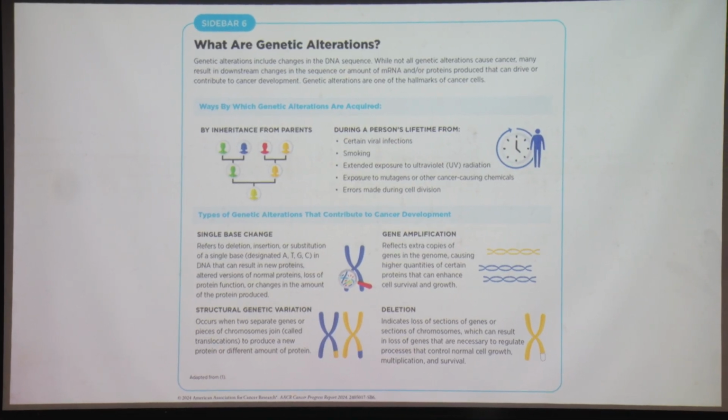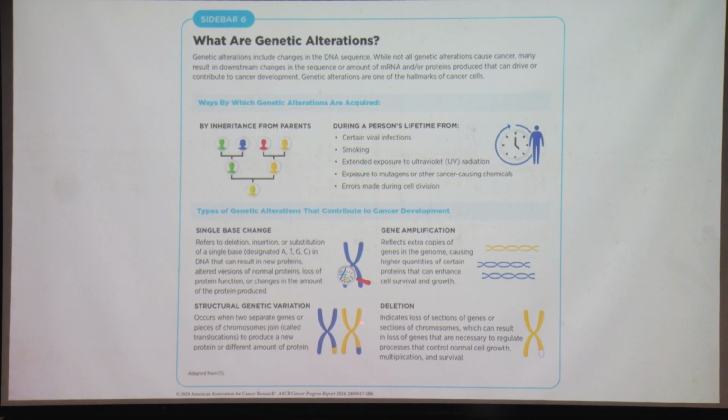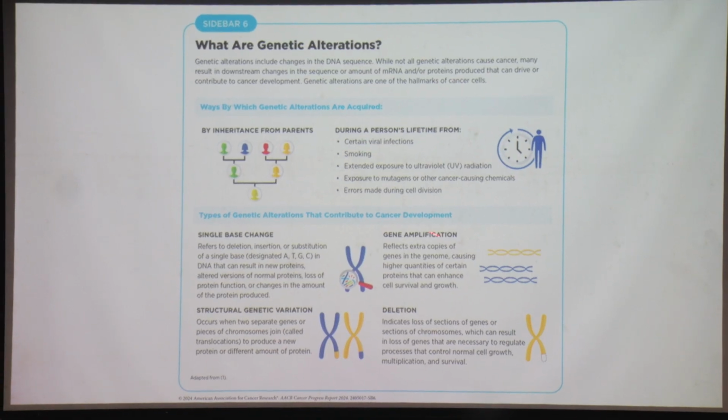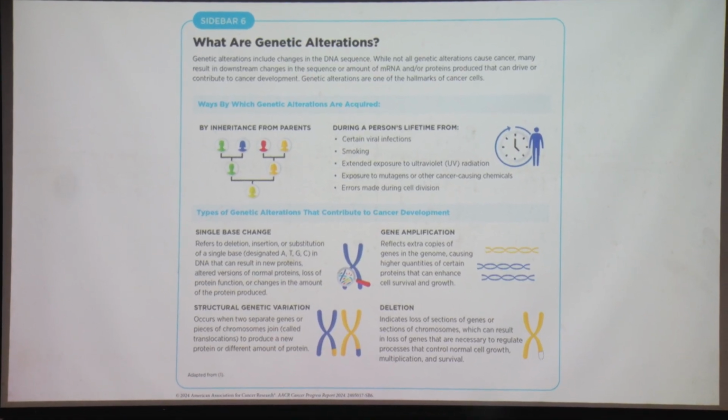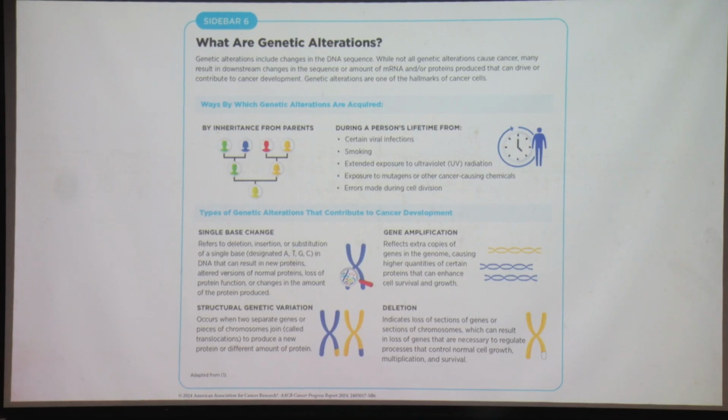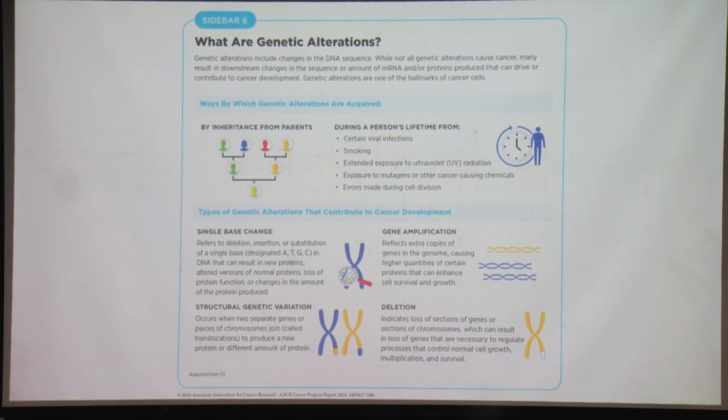But many times what happens is that the gene itself is amplified. Suppose you are supposed to have only one copy of the gene in the DNA, but the DNA itself undergoes amplification and now you have many copies of that gene. That is called gene amplification. Sometimes the gene is removed from the chromosome.